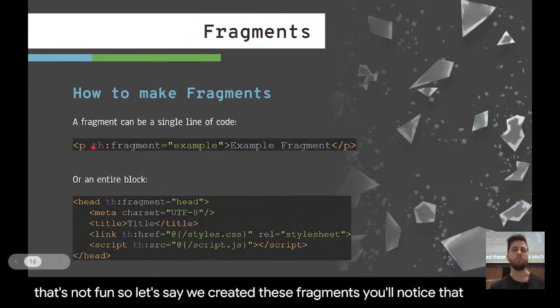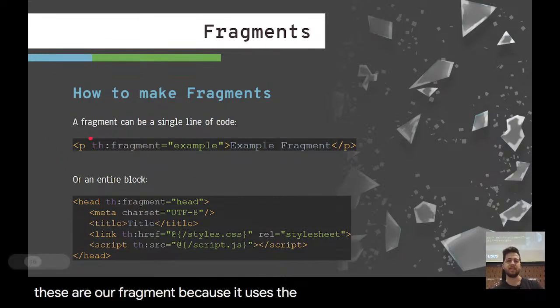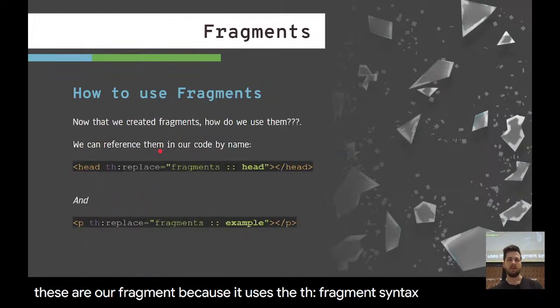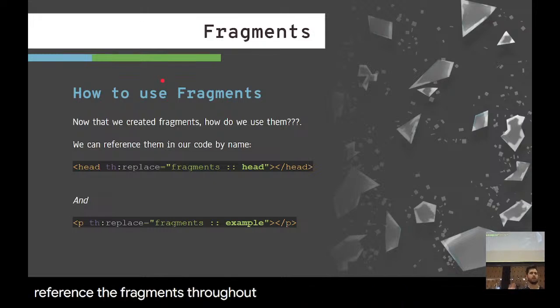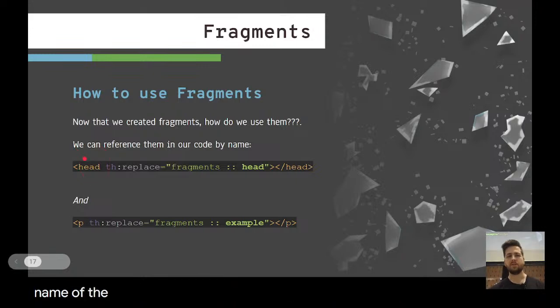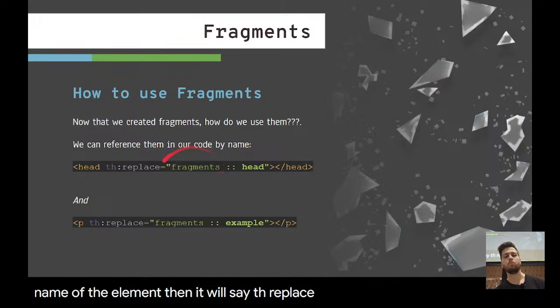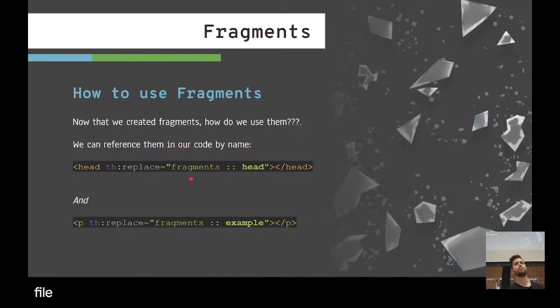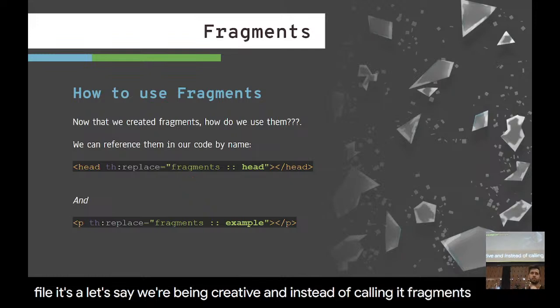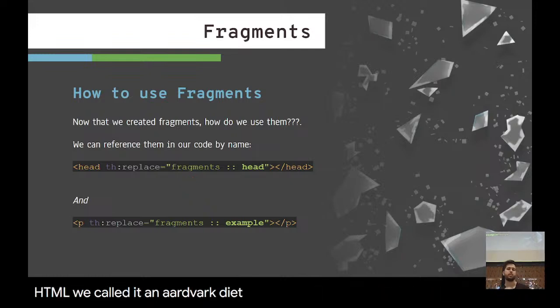So let's say we created these fragments. You'll notice that we know these are fragments because they use the th:fragment syntax. Here is how we reference the fragments throughout our HTML. We say the name of the element, and then th:replace. We reference the name of the file. Let's say we're being creative, and instead of calling it fragments.html, we called it aardvark.html.